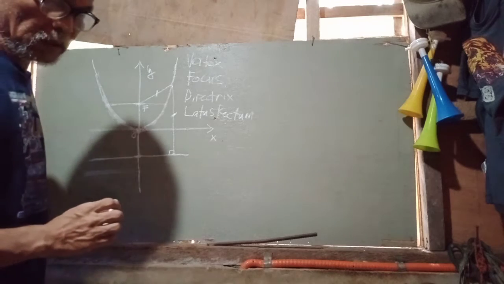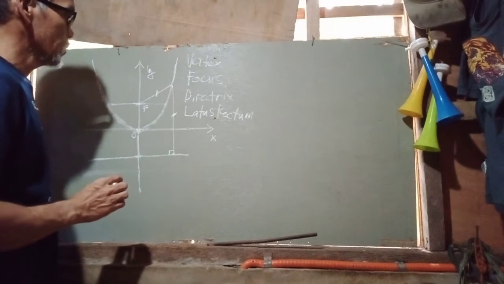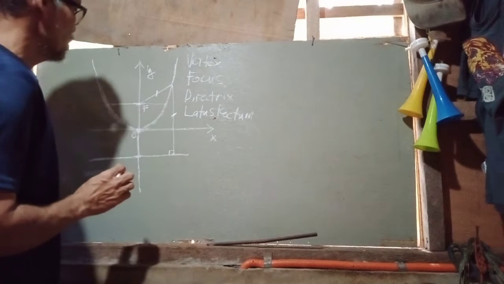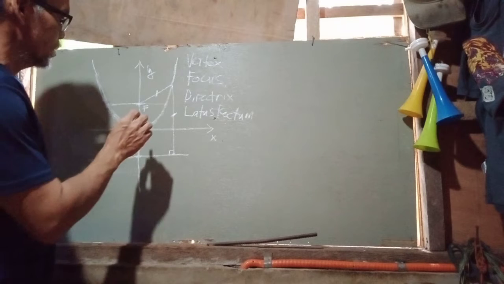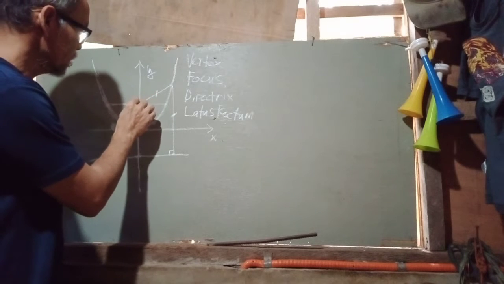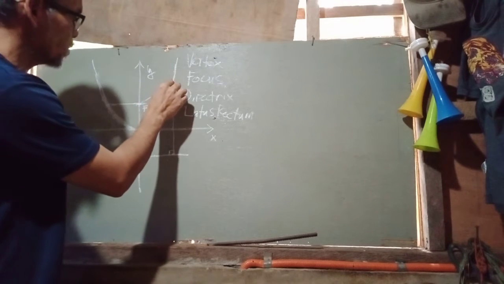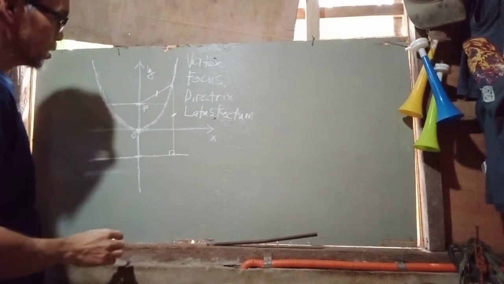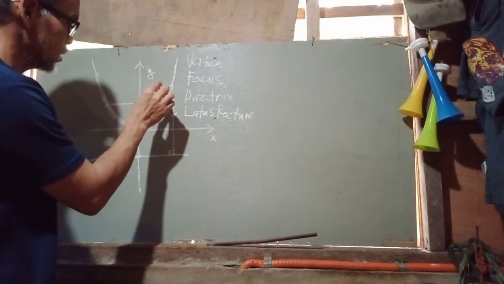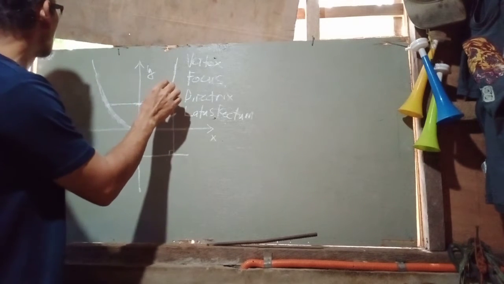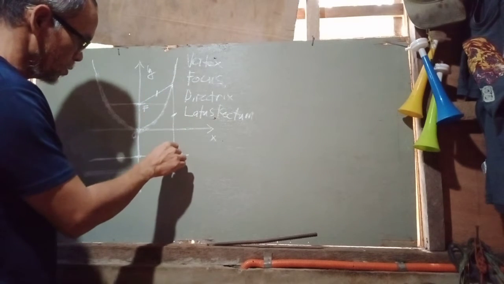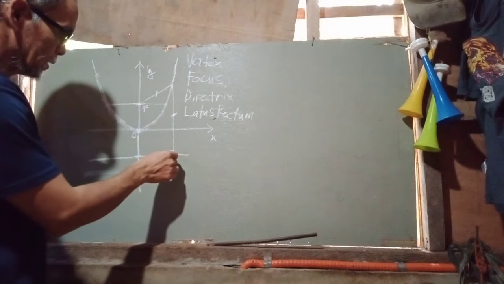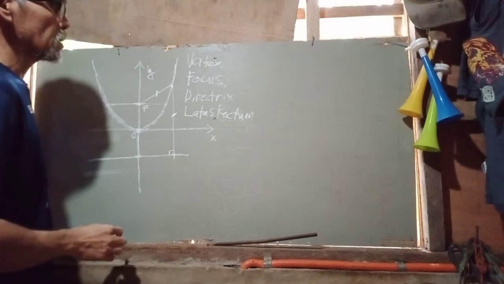So we'll go back to the definition. According to the definition, the distance from the focus going to any point here in the parabola is equal to the distance from that point normal to the directrix.